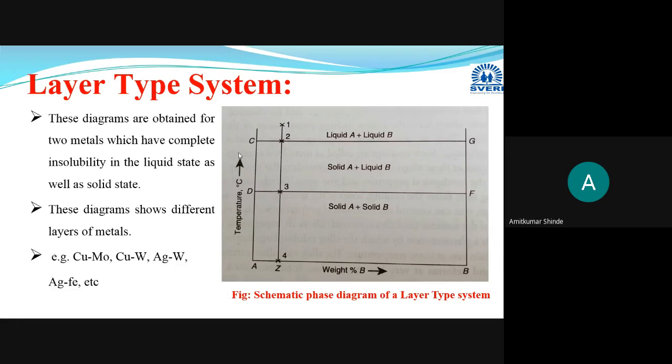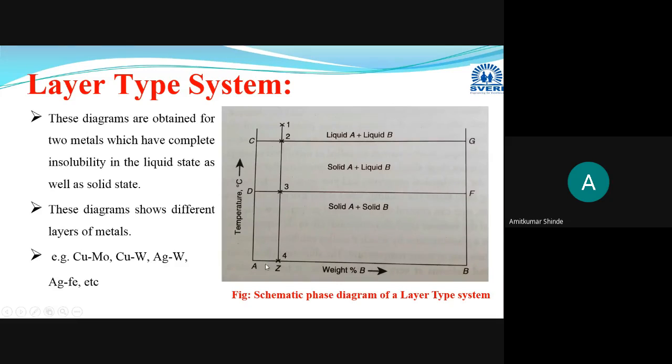Now here you can clearly see, I will explain, this system is shown for an alloy consisting of metals A and B, element A and element B. On the y-axis temperature is plotted, and on the x-axis weight percentage of element B is plotted.